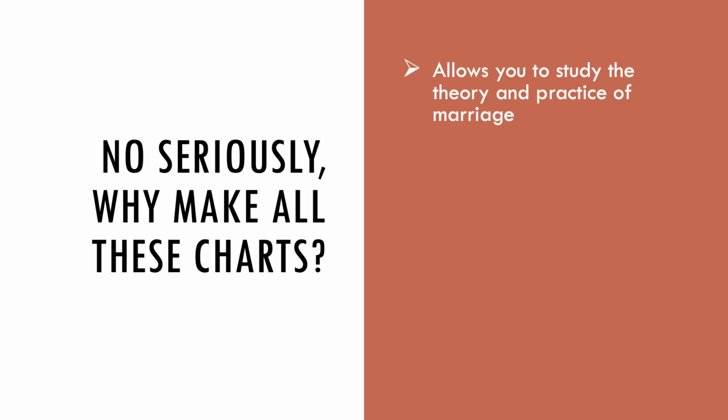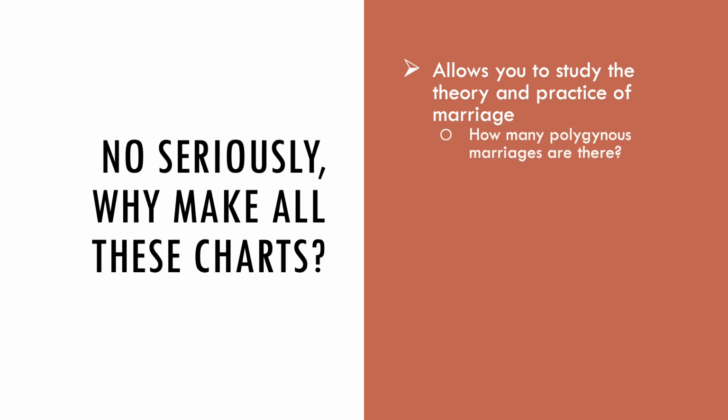Well, okay. Some other things that you can learn from making charts. They allow you to study the theory and practice of marriage. Because usually you are looking at married couples, affines, right? We talked about this before. You're looking at affines as well as genetic consanguineal relatives.